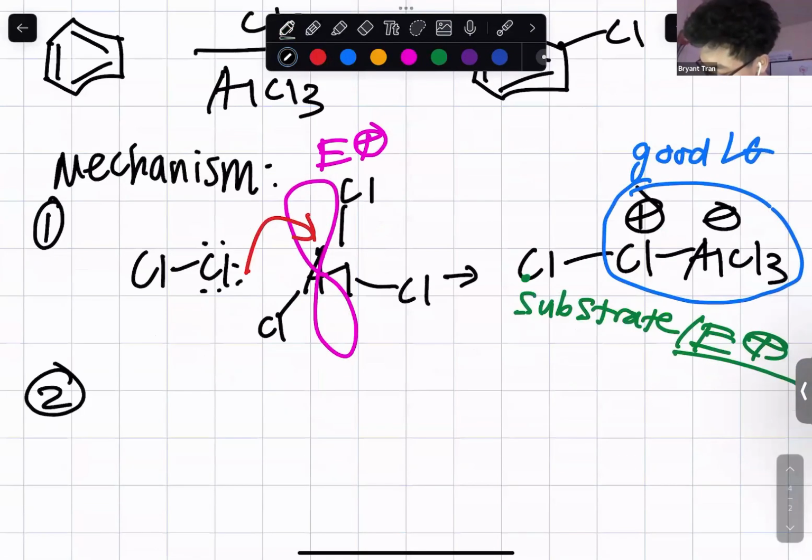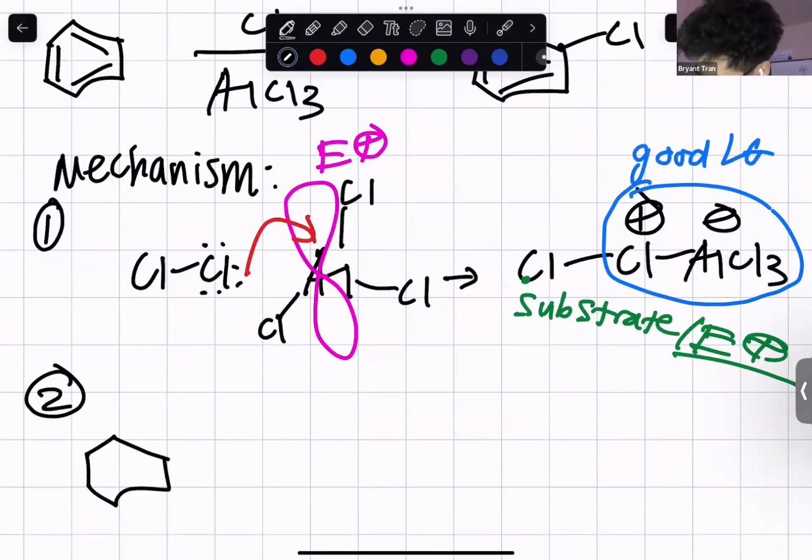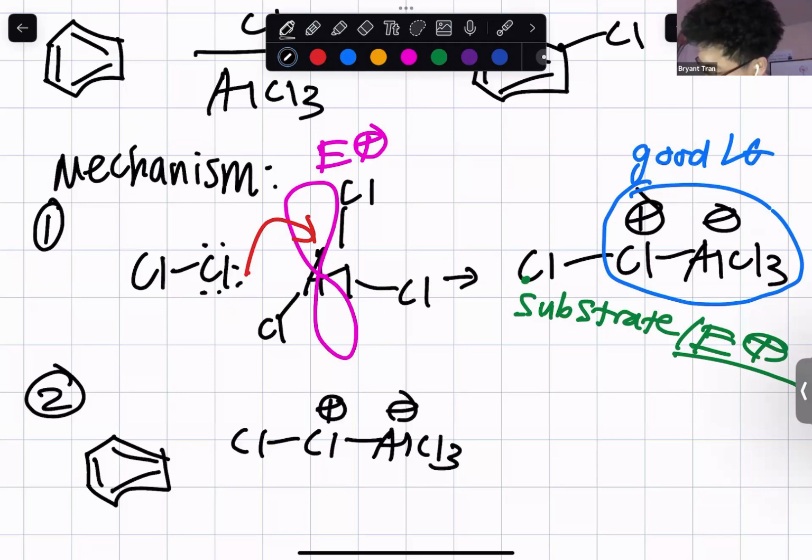Let's do the second step now, where we do the addition step, right? Where we bring in that benzene, and then we bring in the electrophile that we formed in the first step. Let's say we choose that carbon as a nucleophile.